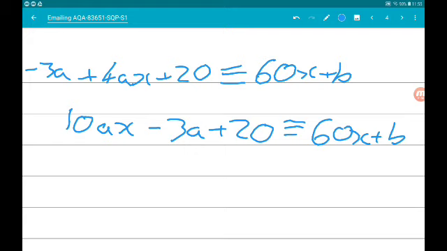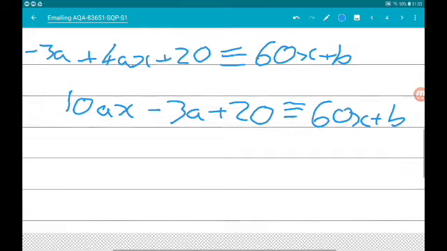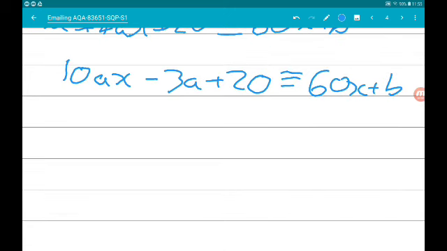The constant term is the bit with no x attached. So the first thing we can say is that 10a has to be the same as 60, because we need to have the same amount of x on both sides. So from that, a is 6.